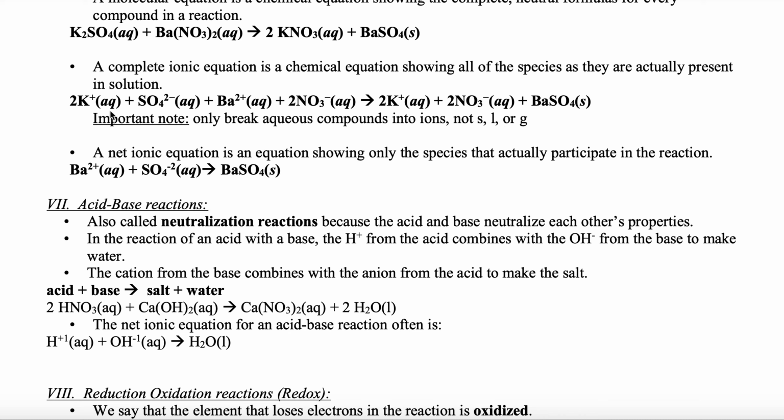Now you've got 2 potassium plus on the left and 2 on the right. You cancel out, just like a mathematical equation. Nitrate is also the second one that you can cancel out. Therefore, you're left with barium 2 plus and sulfate 2 minus, which gives you barium sulfate. Now you always put the positive one first.